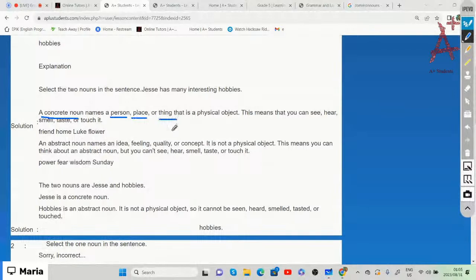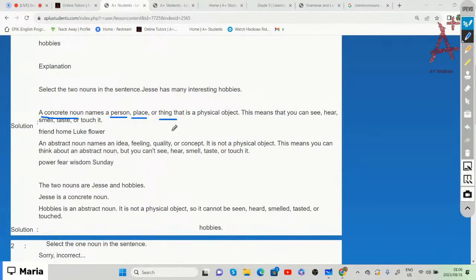Meaning that this is something that you can see, you can hear, you can smell, you can taste, or you can touch, right? So a concrete noun names a person, place, or thing that is physical. You can see it, you can hear it, you can smell it, you can taste it, and you can touch it, right? That is a concrete noun.